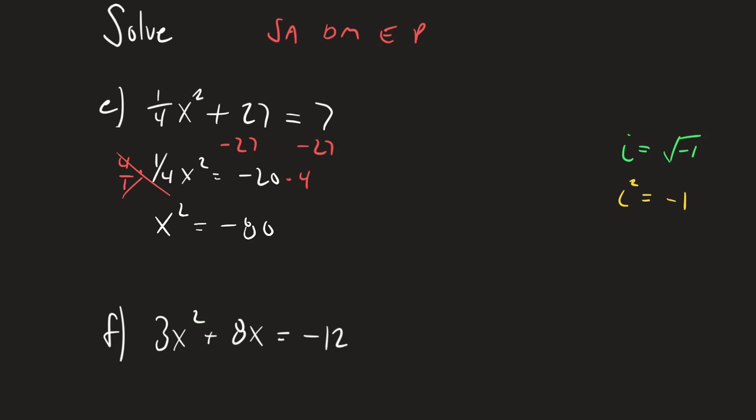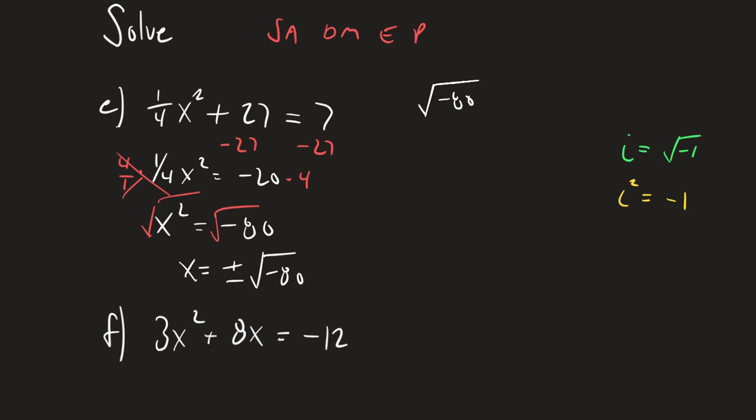And then I want to square root both sides, get rid of that square. And so I get x is equal to both the positive version and the negative version of the square root of negative 80. So don't forget that we should have two answers here, and that's why there's two, because of the positive version and the negative version. But what is the square root of negative 80? I want to bring that over and sock that out, just like we did on the first page.